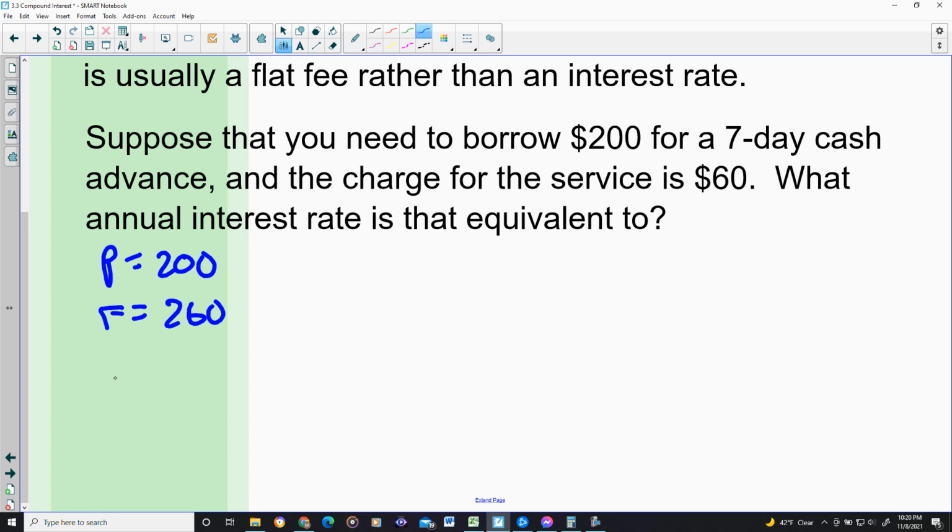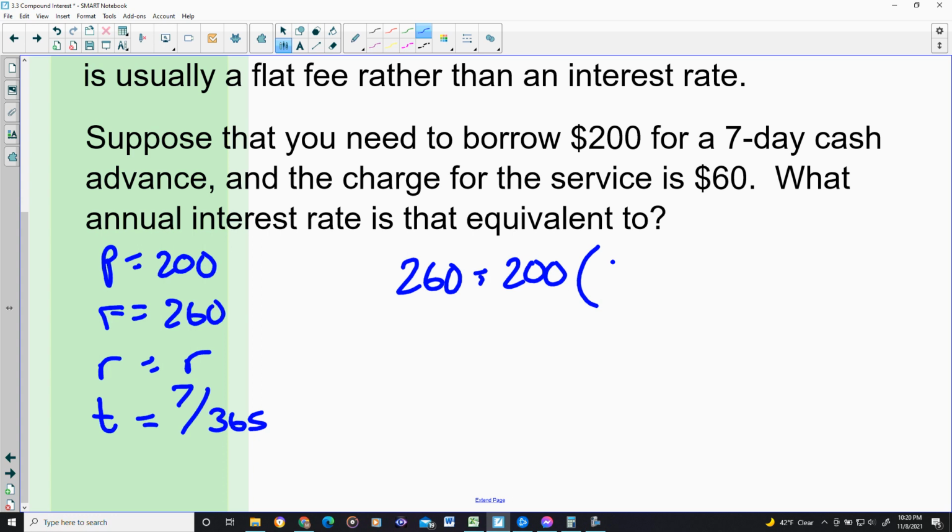The rate here is, well, we're going to find that. But the time, here's the time. It's a 7-day loan. So much like the previous problem, 7 over 365. So 260 equals 200 times (1 plus r times 7 over 365).